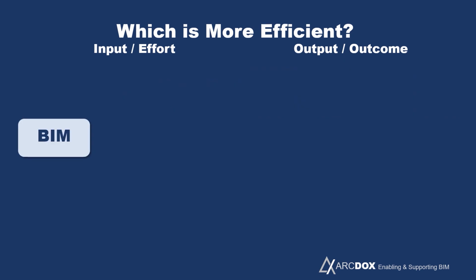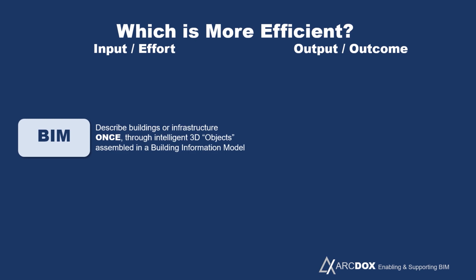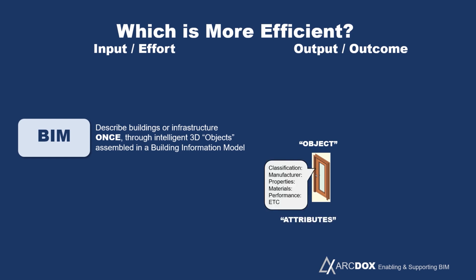The approach with BIM is more like manufacturing, where we describe the building or the piece of infrastructure once within this digital model. So at the heart of the BIM process are the objects or the components that make up the building, and the information about every component is digitally recorded within the component itself.